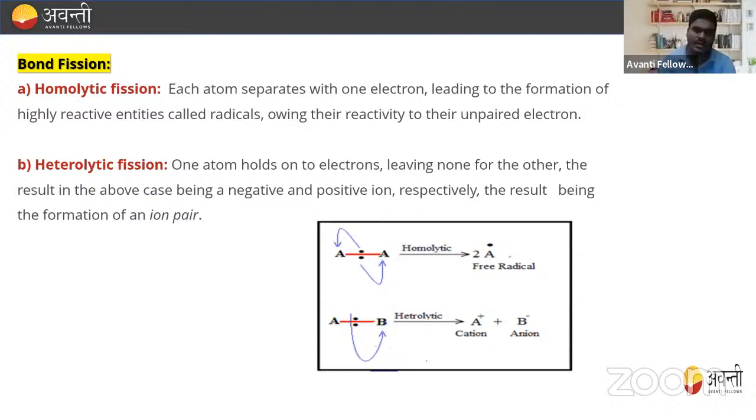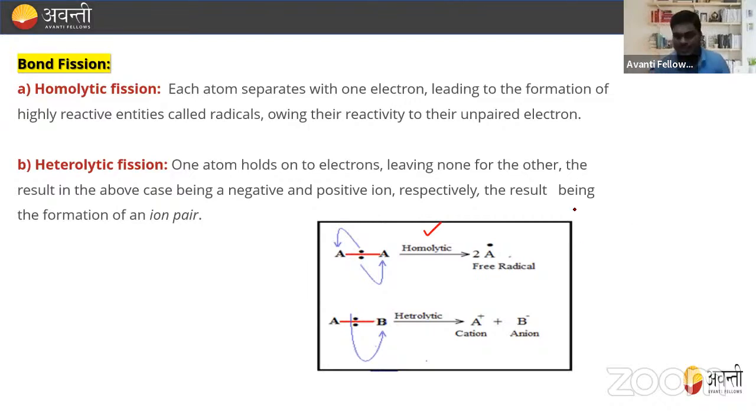So in homolytic fission, for example, what is happening? Let us assume the bond between A and A is formed by a single bond. We know that in one bond we have two electrons. If the bond breaks in such a way that each of the two atoms of the molecule takes away one electron, then it is said to be homolytic fission.